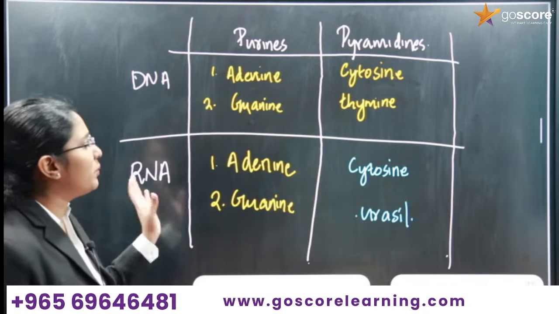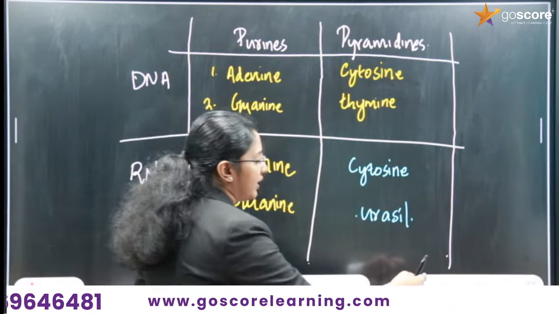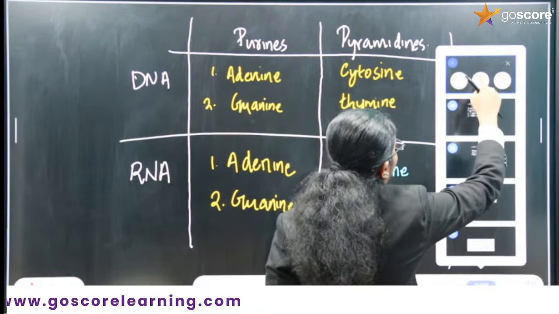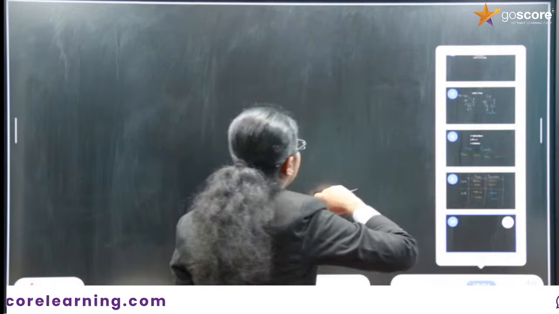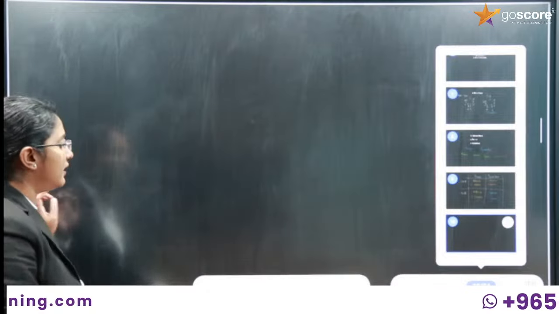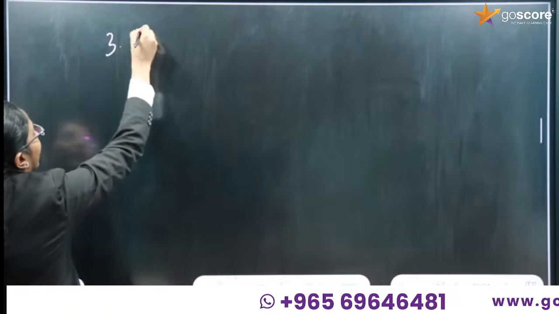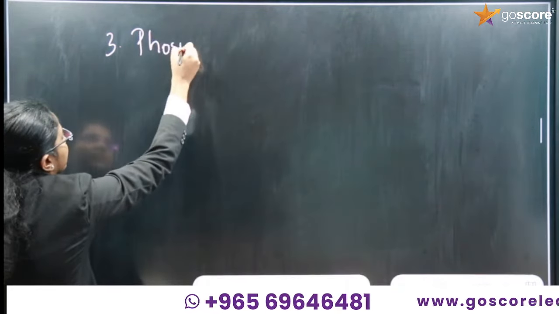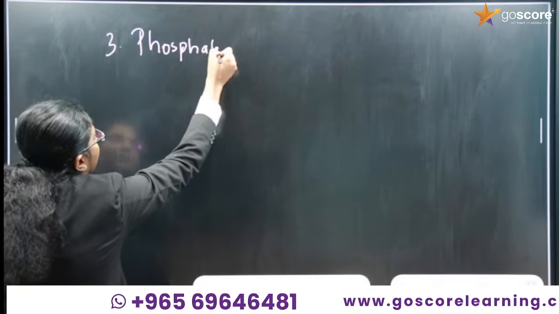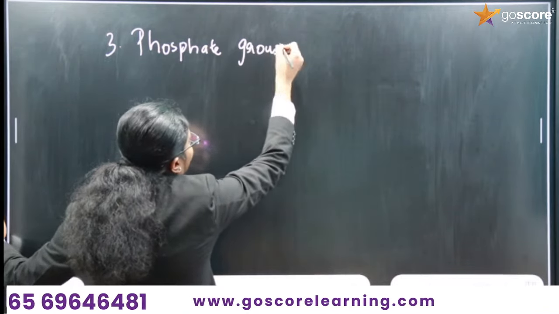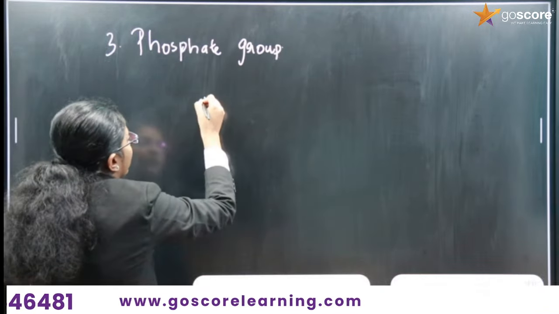Okay, so next we'll be moving into the next part, the third important component of DNA. You have to keep in mind that the third component is always a phosphate group.